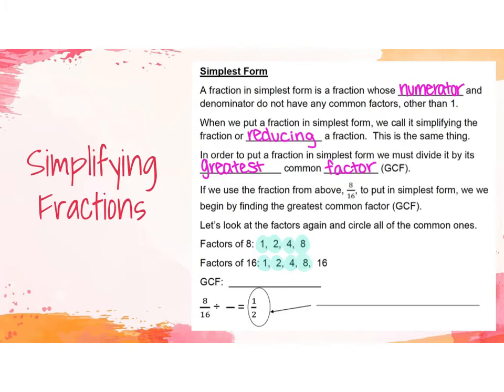Those are all of our common factors between 8 and 16. I see that 8 is the largest common factor between both numbers, so it is the greatest common factor. If we divide both the numerator and denominator of 8/16 by 8, we will get a fraction of 1/2. This fraction is in the simplest form.